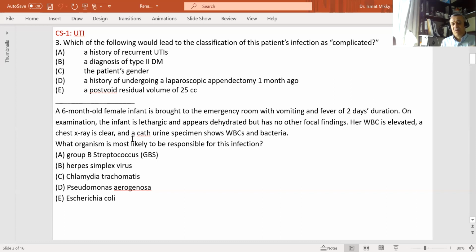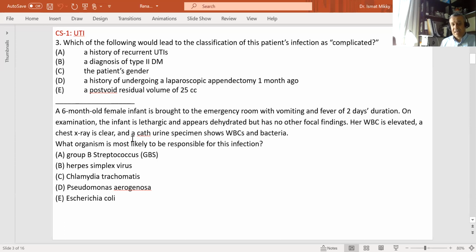And UTIs are more common in females than males. If infants develop a fever and some degree of toxicity, like vomiting, poor feeding, being lethargic, they are highly likely to be diagnosed clinically with pyelonephritis. We have upper UTI infections and lower UTI infections.